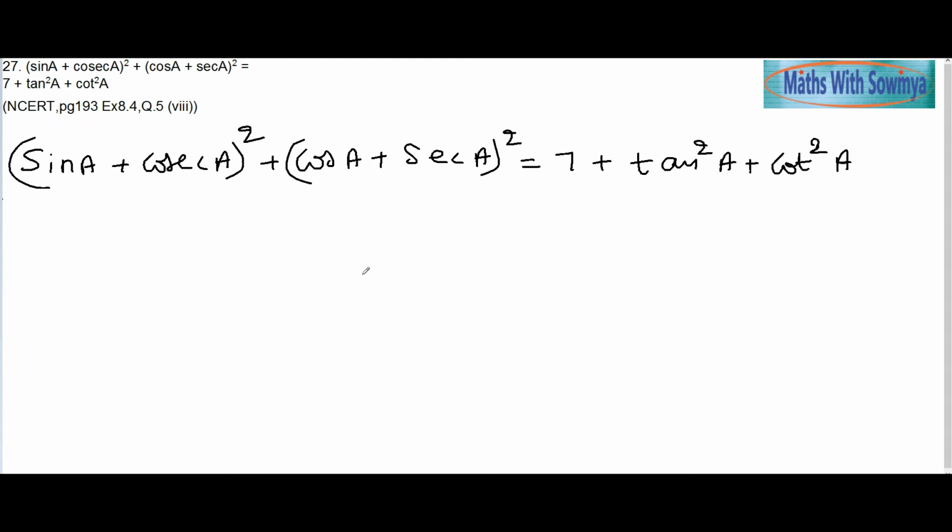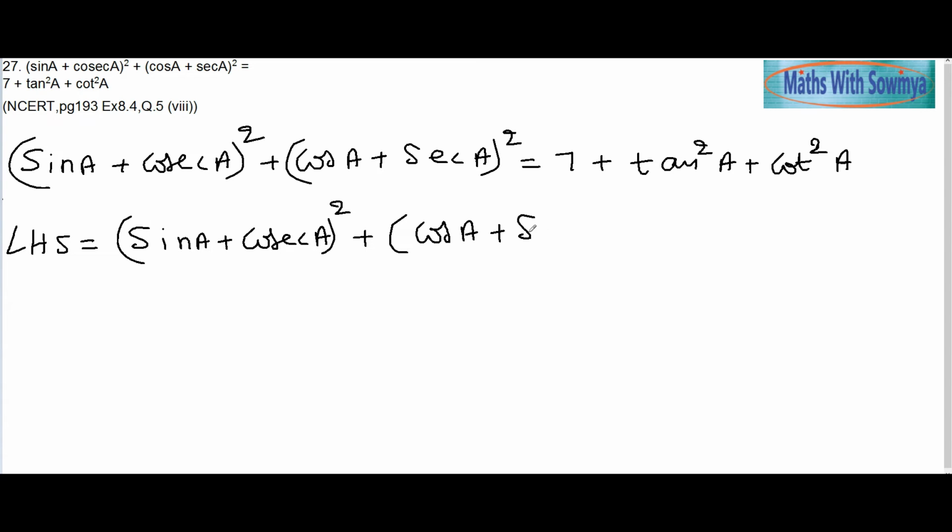We know 1 plus tan square A is equal to secant square A, 1 plus cot square A is cosecant square A. So, we take LHS, which is (sin A plus cosecant A) whole square plus (cos A plus secant A) whole square. We apply the (A plus B) whole square formula for both of them.